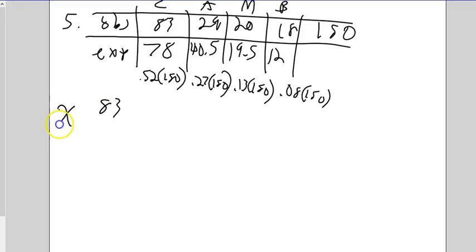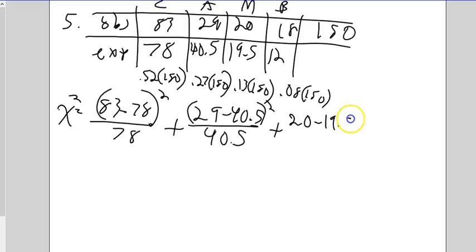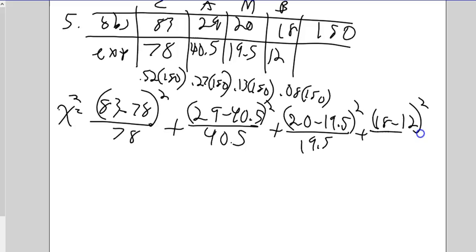Chi squared equals 83 minus 78 squared over 78, plus 29 minus 40.5, yes, go with the decimal, do not round, squared over 40.5, plus 20 minus 19.5 squared over 19.5. And finally, 18 minus 12 squared over 12.